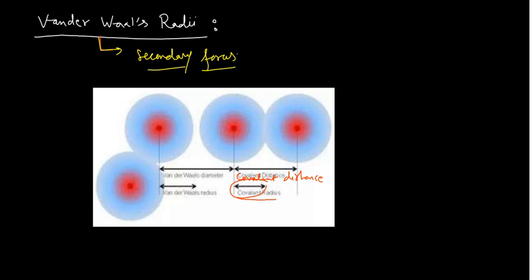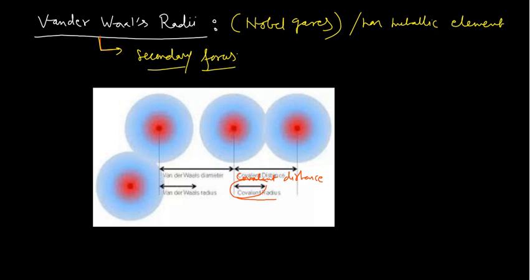When you are talking about van der Waals forces, it simply means you are talking about the noble gases. It is basically defined for noble gases, and also for non-metallic elements, which you should know.